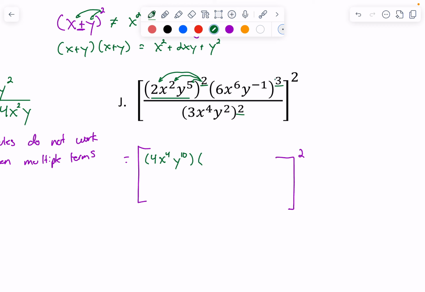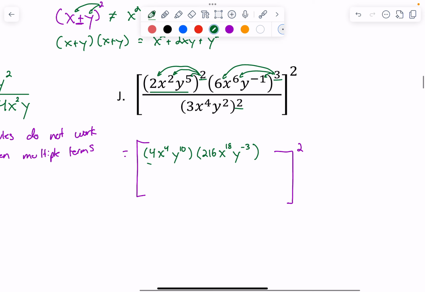Actually, I probably need a calculator at this point. That's 36 times 6, so my mental math is not great right now. 216. I should have known that. 216, and then x, so that 3 times that x to the 6, that's x to the 18. And then 3 times the negative 1, that's y to the negative 3.